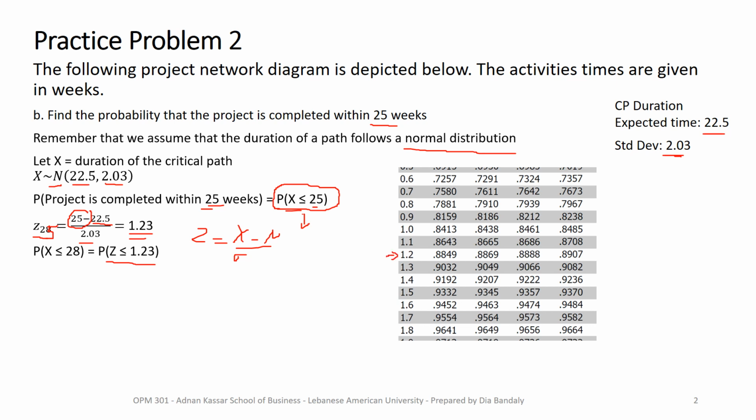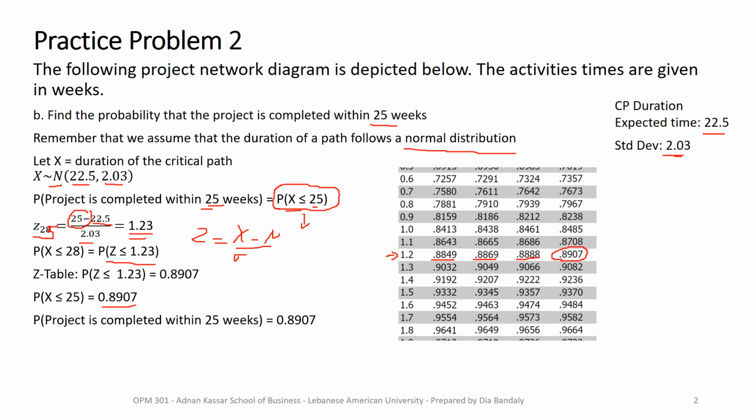This is 1.2, but I need 1.23. This column corresponds to 1.20, 21, 22, and 1.23 is the third one. Here we go. So what I can read in the z table is that P of z less than or equal to 1.23 is 89.07% or 0.8907. So that means that P of x less than or equal to 25 is that value. So we answered the question about the completion time of the project itself.